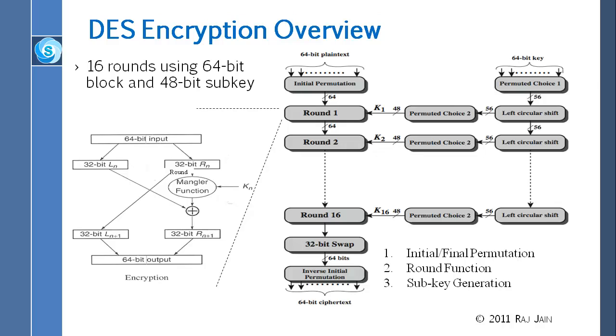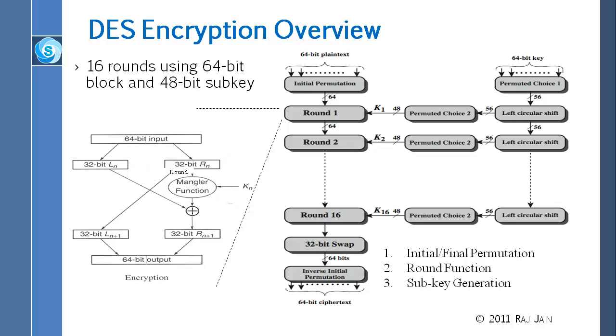Here is the DES. When you get a 64-bit message or block, you change the bits around first. So there is the initial permutation. Then you do round 1, get 64 bits, then round 2, up to round 16, and at the end you swap the 2 halves, and then you do the final permutation where you change the bits around again, and you get the final thing.